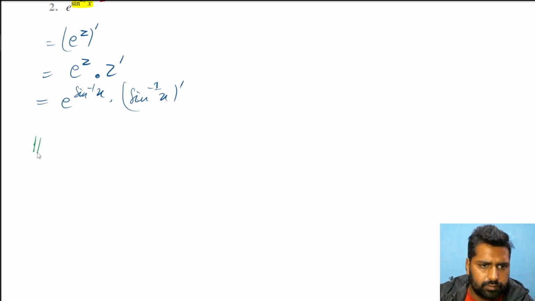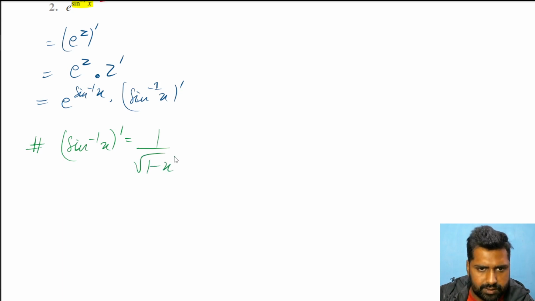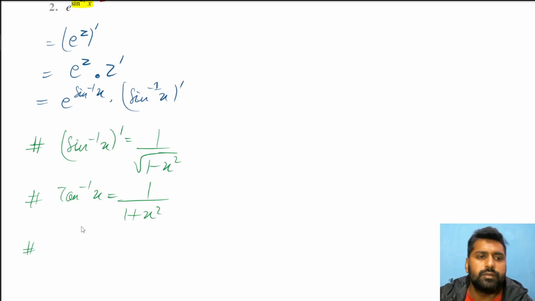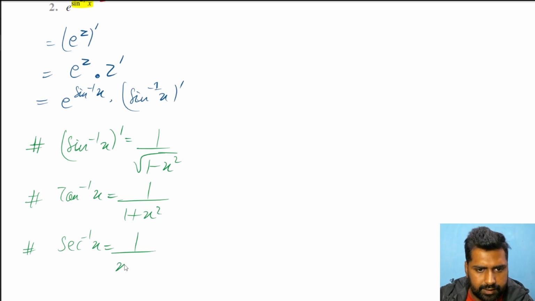So now some other rules, that sine inverse x differentiation is 1 upon square root of 1 minus x square. Consider that to be a standard. Then differentiation of tan inverse x is 1 upon 1 plus x square. And differentiation of sec inverse x is 1 upon x square root of x square minus 1.